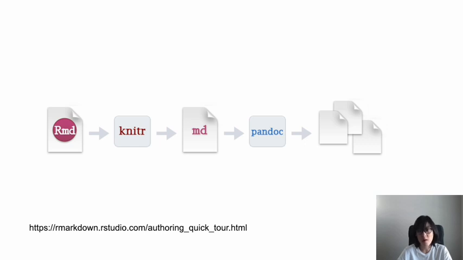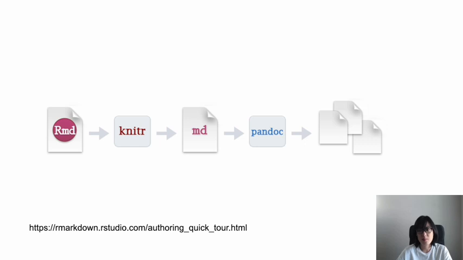Creating documents with R Markdown starts with this .Rmd file that contains a combination of Markdown and R code chunks. This .Rmd file is fed to knitr, which executes all of the R chunks and creates a new Markdown document that includes the R code and the output.